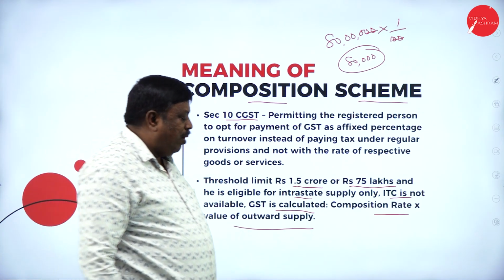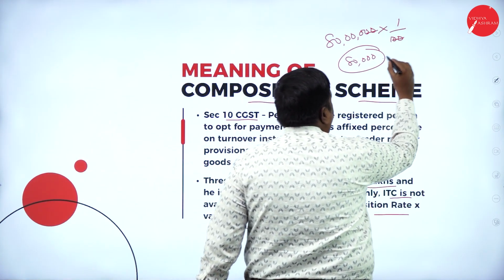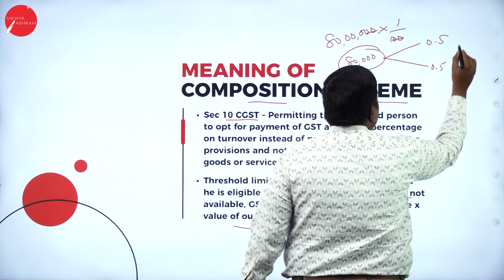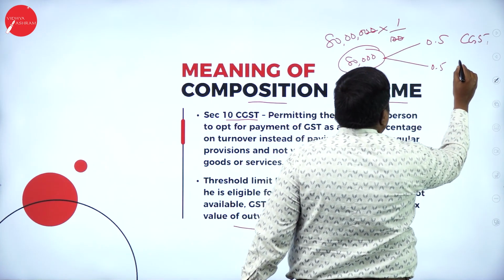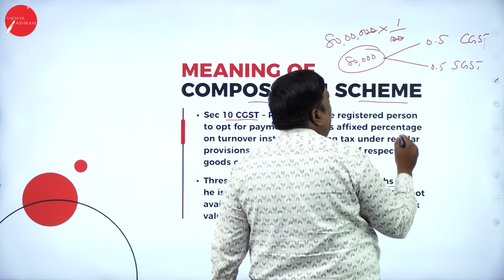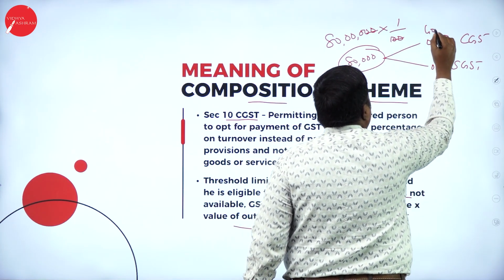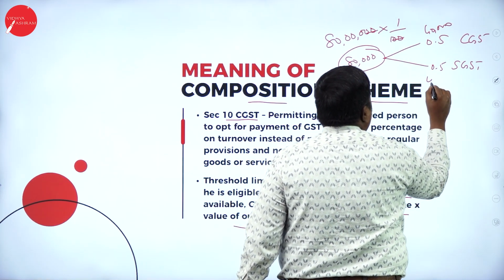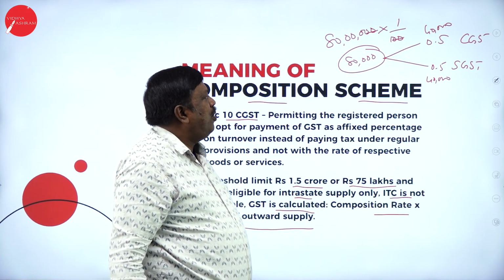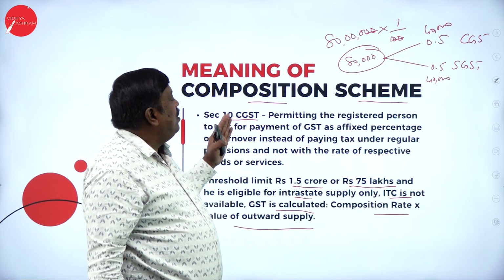This amount is divided as 0.5 and 0.5, one for CGST and one for SGST. So 0.5 means 40,000 for the central government and 40,000 for the state government. This is how they divide it if I have opted for the composition scheme.